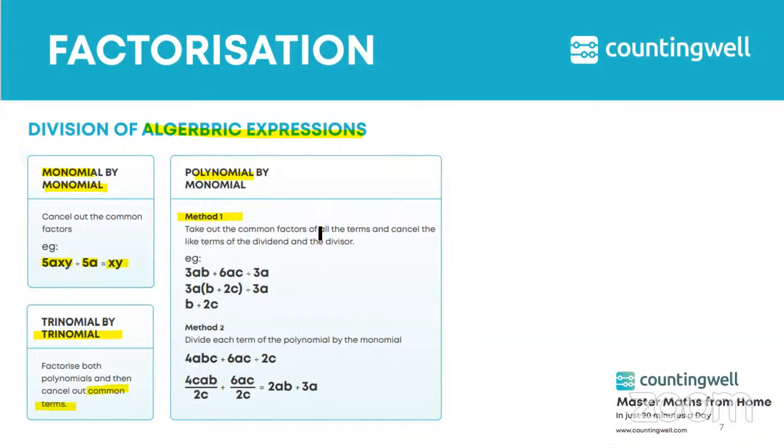We'll take out the common factors of all the terms and then we'll cancel the like terms of the dividend and the divisor. For example, here we have a polynomial 3ab plus 6ac and 3a is a monomial. Among these two terms, 3ab plus 6ac, you can see 6ac can be written as 3 into 2 into a into c.